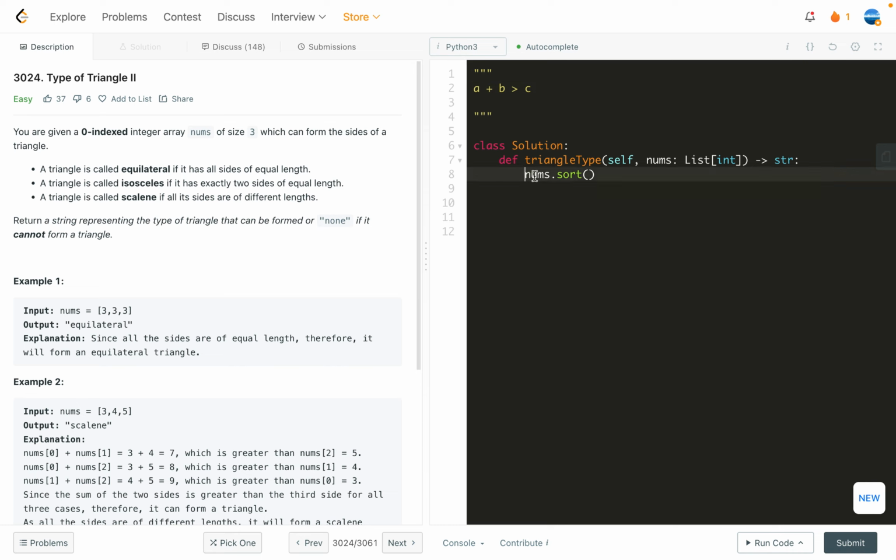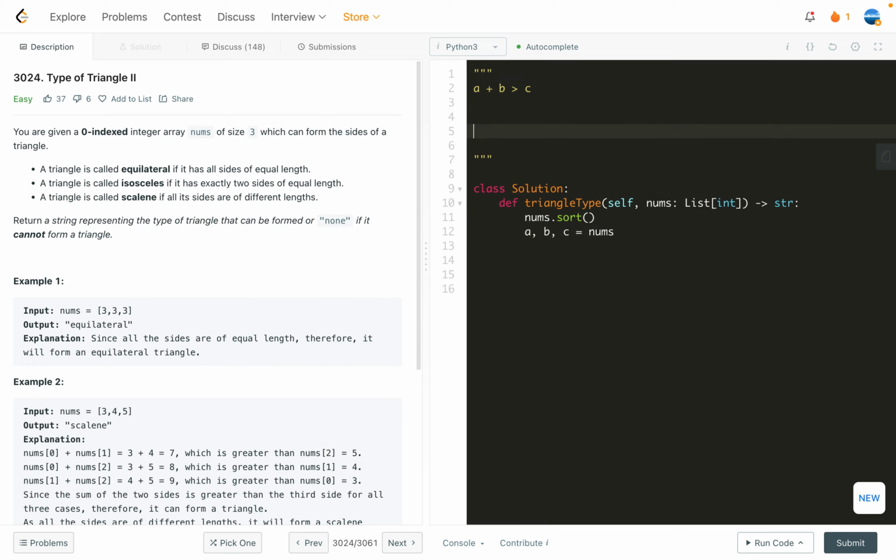If we do the sort, let's assume that we have A, B, C equals the three numbers. Then as long as A plus B is strictly larger than C, all the other conditions are automatically satisfied, right?